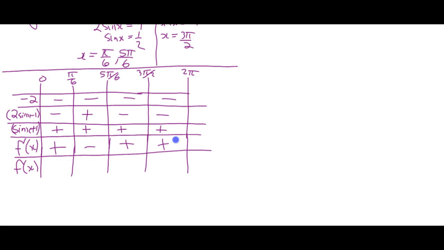So this is going up, and this interval is going down. So this implies there is a local maximum here, or absolute, we don't know. Then this goes up, so there's a minimum. You kind of imagine the shape of it, right, if I'm drawing that. And then this goes up.